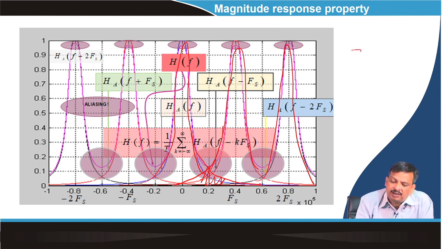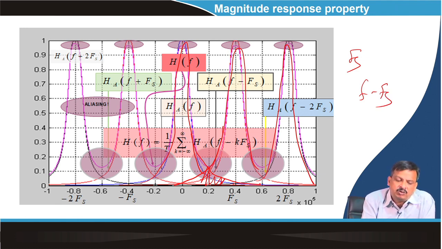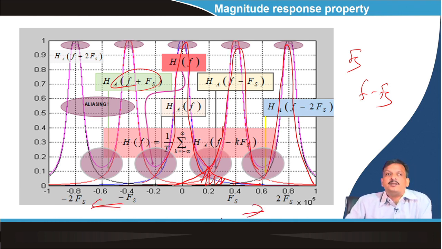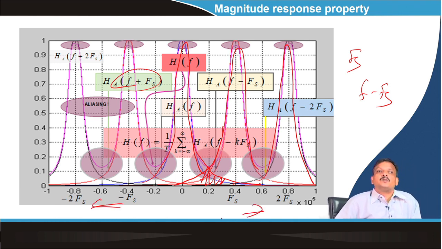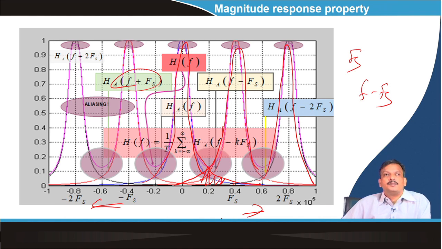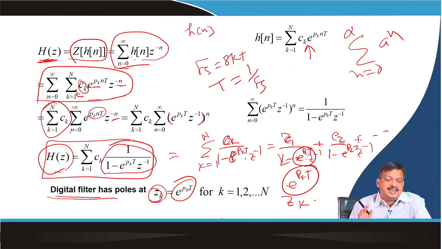So what is the mathematical representation? This is F, with Fs equal to 0. One is plus Fs, that means F minus Fs, and this is minus Fs, so it is F plus Fs, on the negative side and the positive side. So in the impulse invariance method, I can easily design the Z transform, but this T determines the aliasing effect, because T is equal to 1 by Fs.